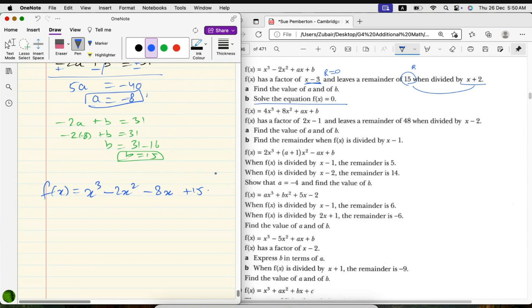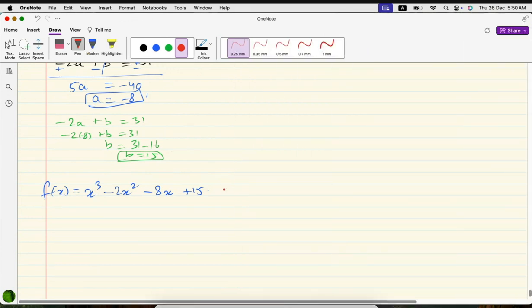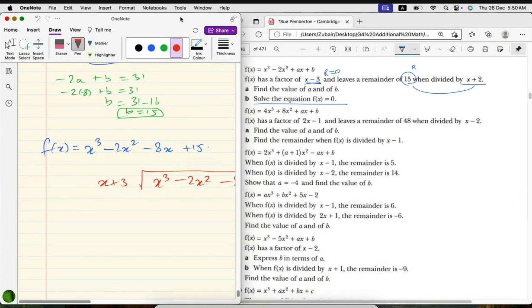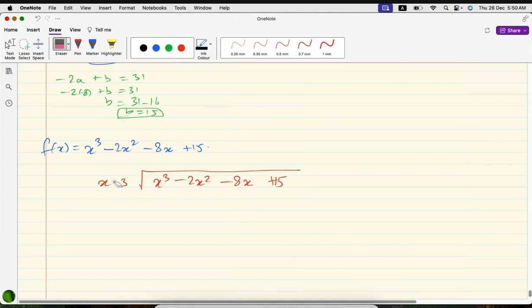And the b part says solve this equal to 0. We already know x minus 3 is a factor. x cubed minus 2x square minus 8x plus 15, and it has a factor of x minus 3. x into x square is x cubed minus 3x square, signs change, x square minus 8x plus 15.